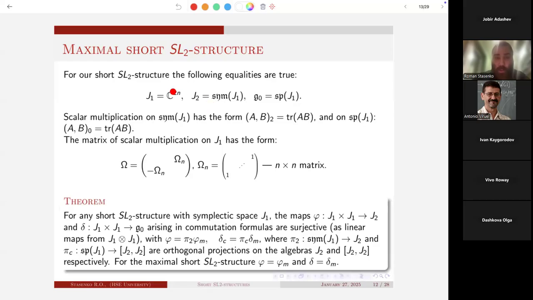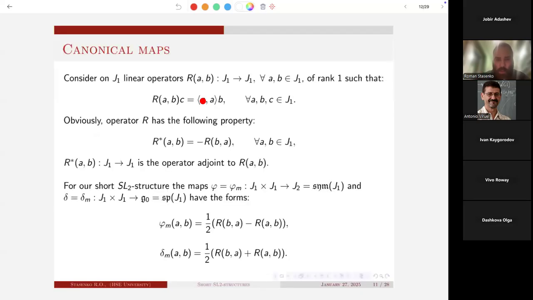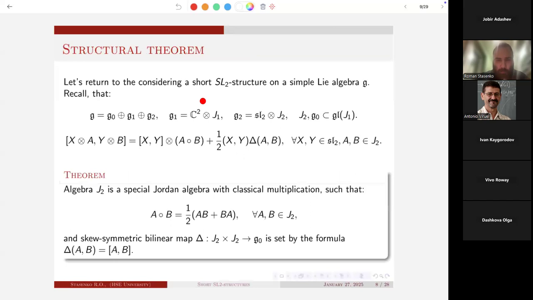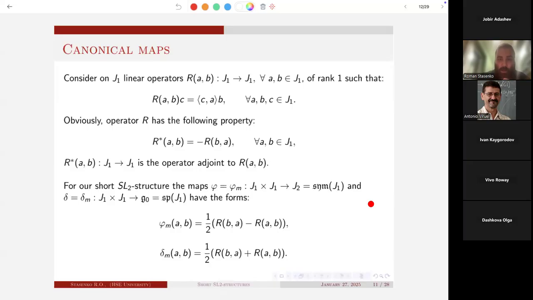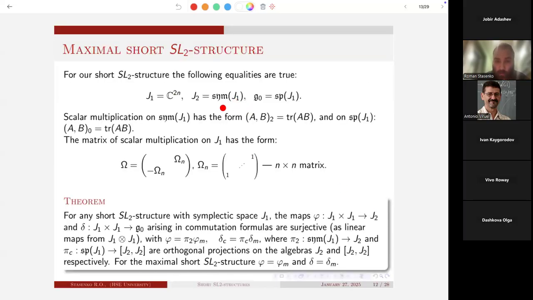J1 is the two-dimensional symplectic space, and J2 is the Jordan algebra of all symmetric elements. As we saw earlier, J2 is only a subspace in the general case, but in this case it is all of them, there is an equality.